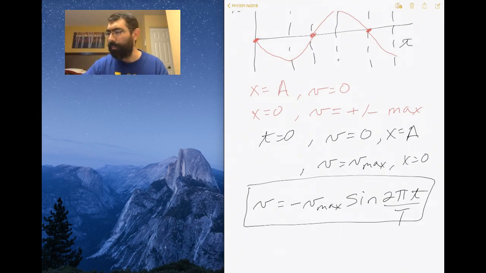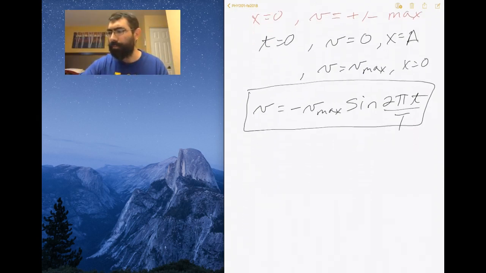And we can figure out what v max is. Well, v max is just going to be the angular velocity times the position.